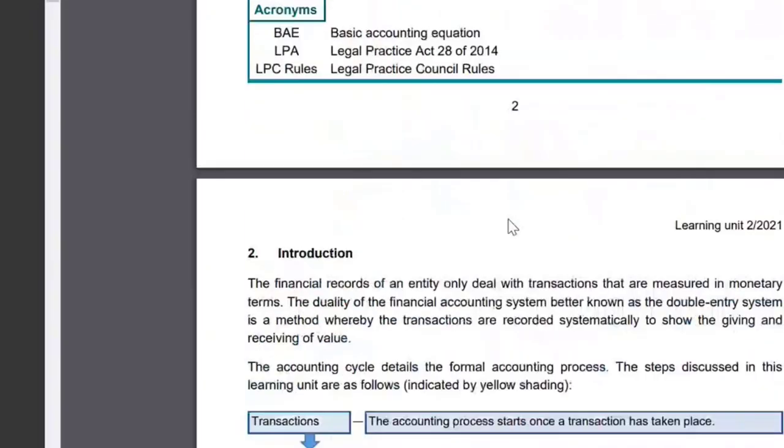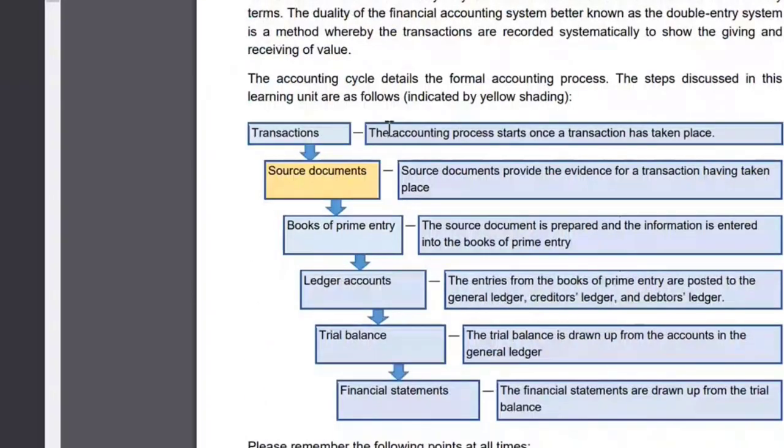So I want to show you the accounting cycle. The accounting cycle says a transaction takes place and the accounting process starts. Number 2, source documents provide evidence for a transaction having taken place.